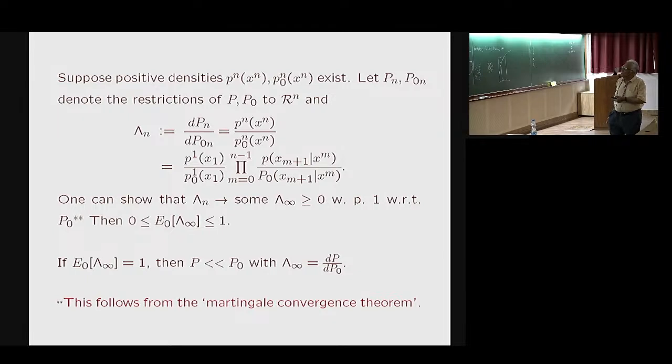This actually is true in general. One can show that lambda n, the Radon-Nikodym derivative of the probability measures P and P naught restricted to the first n product space, form what's called a non-negative martingale, and this convergence is always true. It's actually a trivial case of something much more general called the martingale convergence theorem.